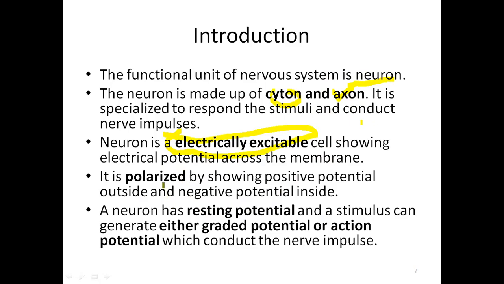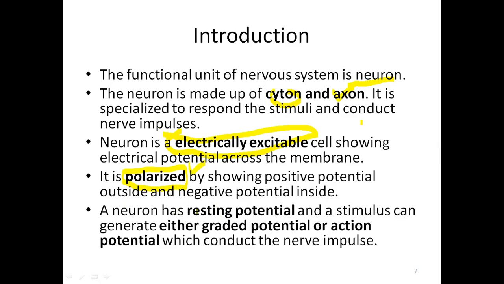the cell. Due to the ionic difference, a neuron at rest is in a polarized state. Outside the neuron, the extracellular fluid is positively charged, and inside the neuron, it is negatively charged. Because of this potential difference, we say a neuron at rest is polarized.